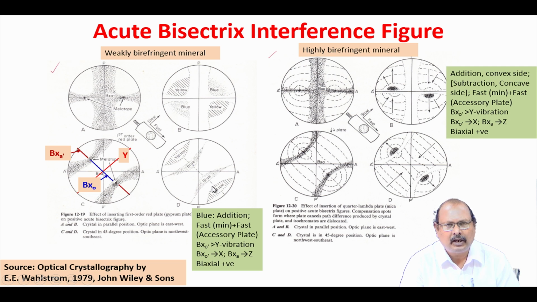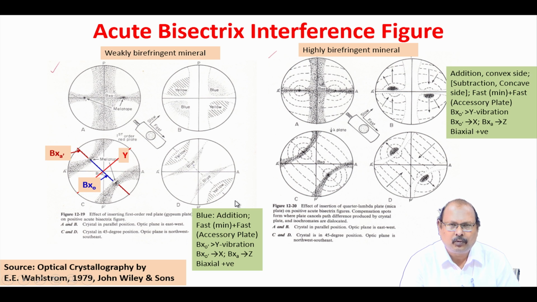That means, as I told you, in the concave side you have a complementary condition, that this is the Bx dash vibration direction. So, in this region you also have Bx dash, and perpendicular to it the y vibration direction. If there is a subtractive effect, that means fast and slow have coincided. That means the Bx dash is the slower vibration direction.